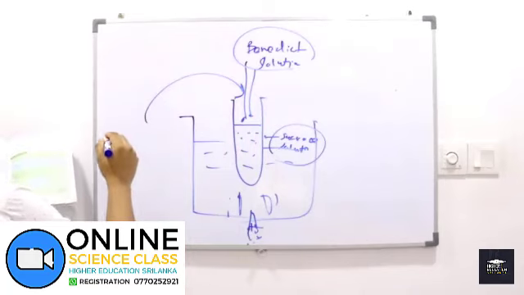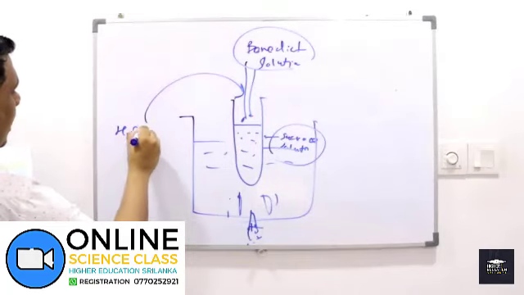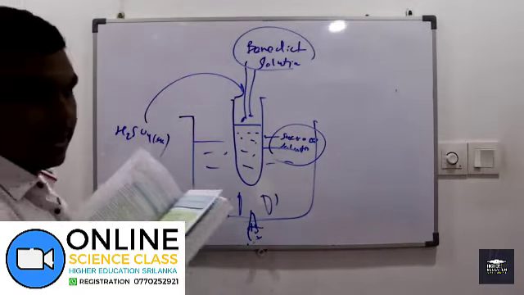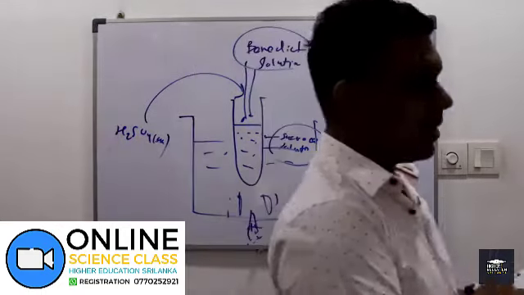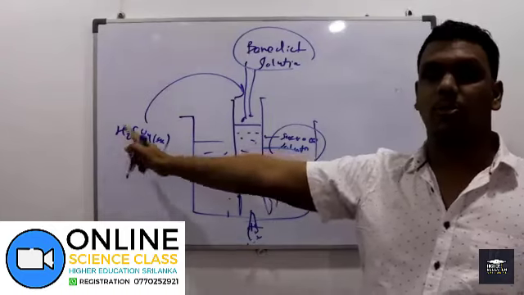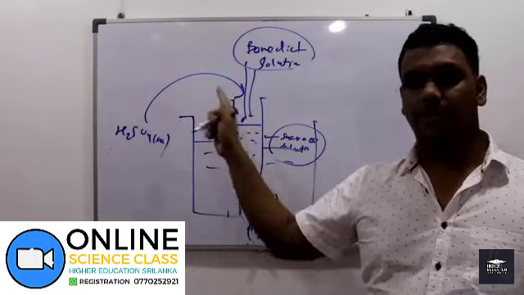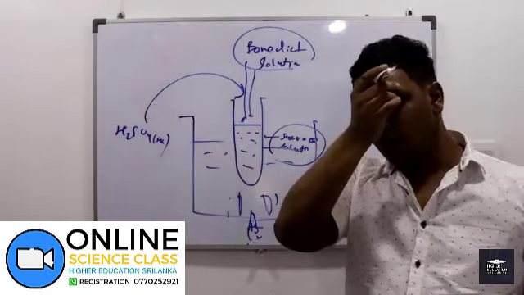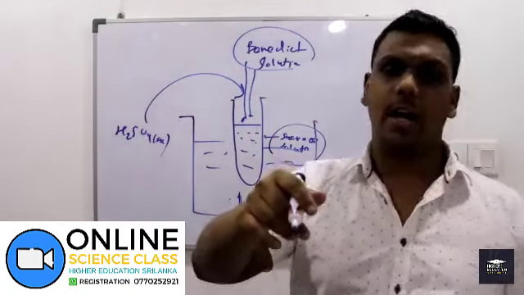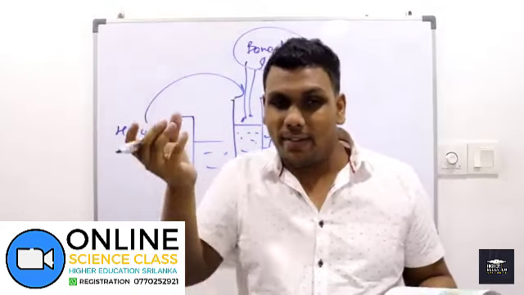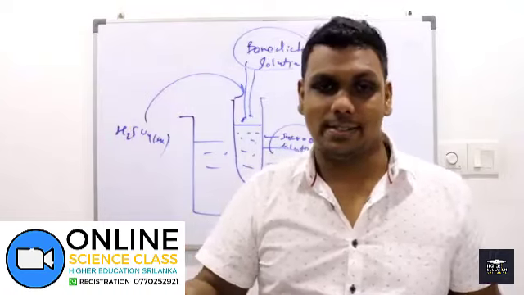And then to this solution, we are going to add a few drops of diluted sulfuric acid, H2SO4, to the solution in the test tube. Diluted means water is added to reduce its power, because sulfuric acid is very powerful.